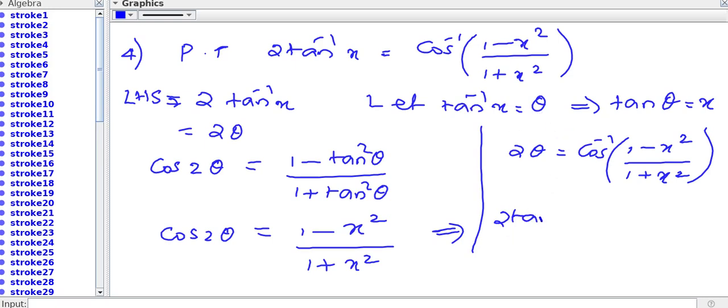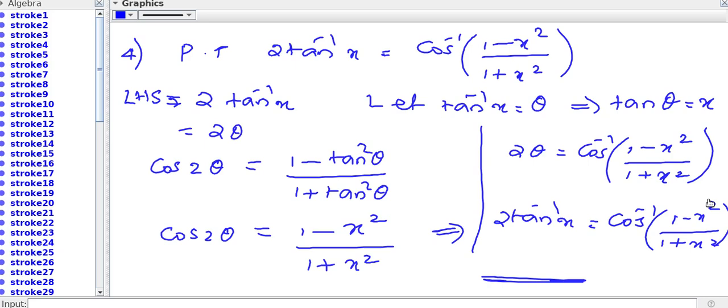So 2 tan inverse x is equal to cos inverse 1 minus x square by 1 plus x square. Okay. So I think you have got the idea of these type of problems, and let us discuss more problems in the next section.